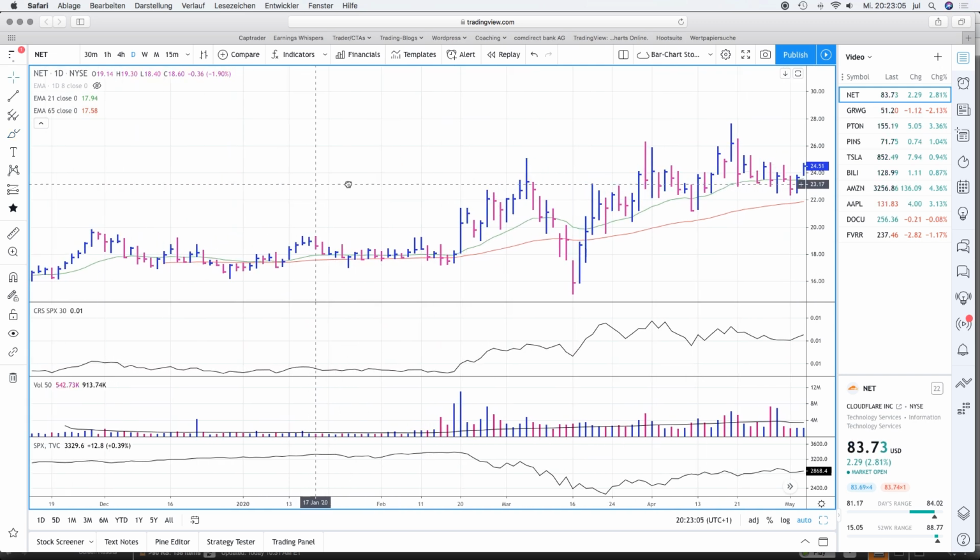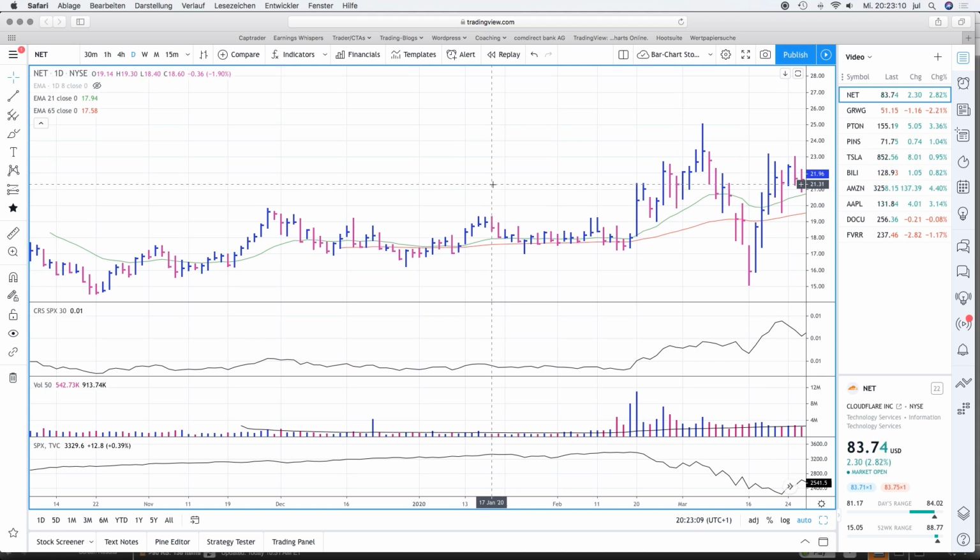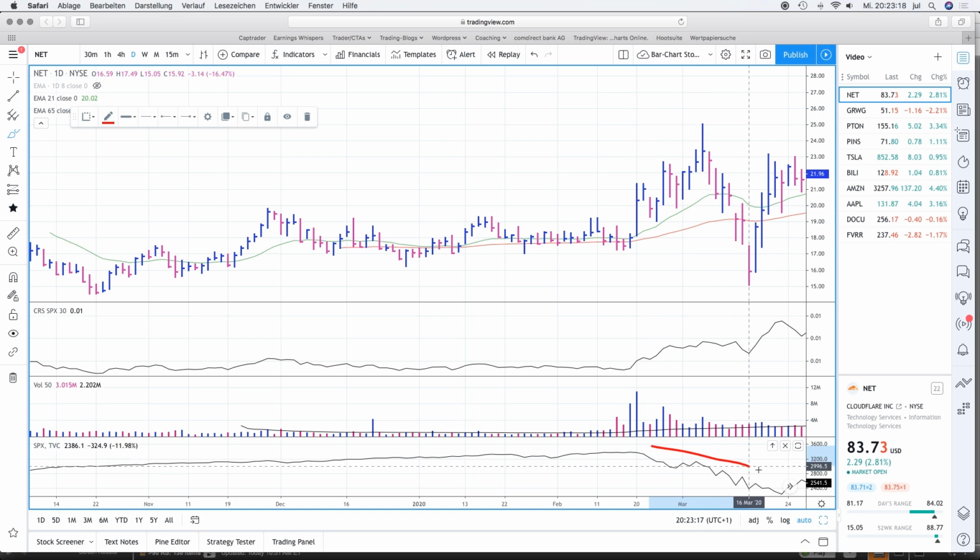If we scroll a little to the right side, hide the future bars and move back to the March 20 correction in the stock market, at the bottom you can see the S&P 500, SPX, and the S&P 500 was in a downtrend.